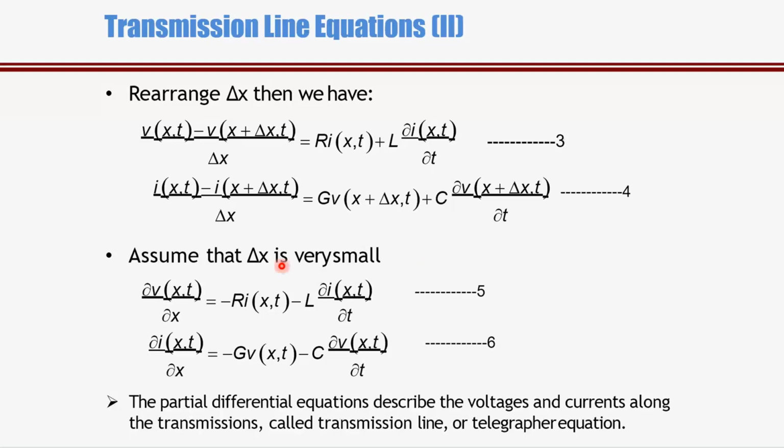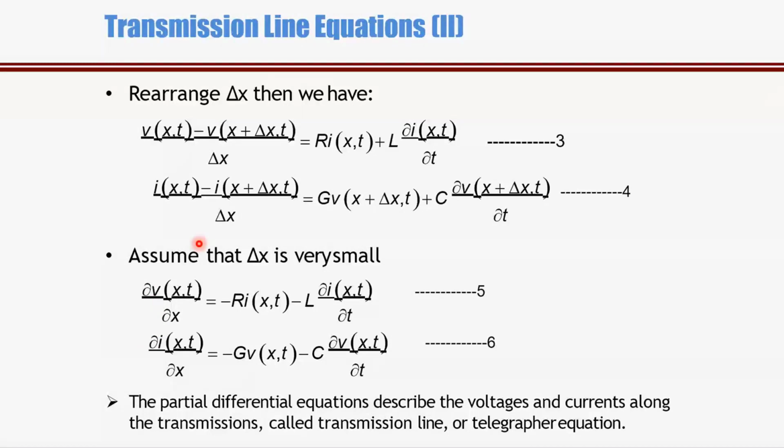If you assume that delta x is very small, then instead of delta x, I can take dou x or dou t, like that. So for delta x, we'll take dou x. Now this x,t and x plus delta x, this is the variation in voltage V. There is a change in voltage from the sending end up to the receiving end, and that change we can represent in terms of dou.